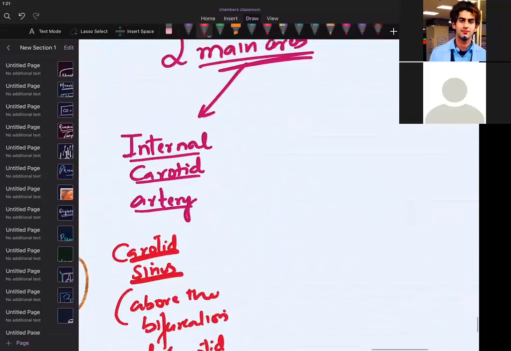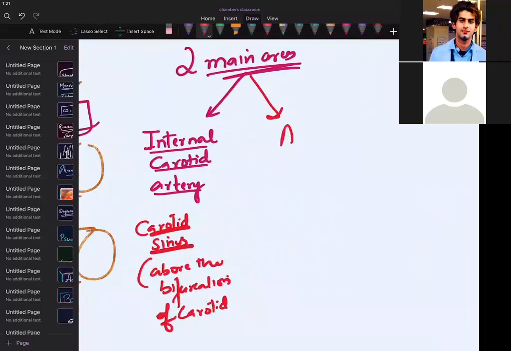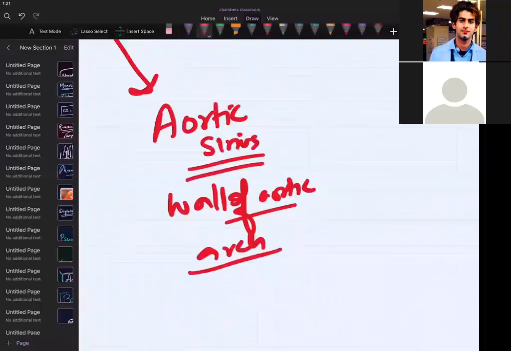The next place where we can see receptors is the aortic sinus. The aortic sinus is the region around the wall of the aortic arch. The nerves present here are called spray type nerve endings.